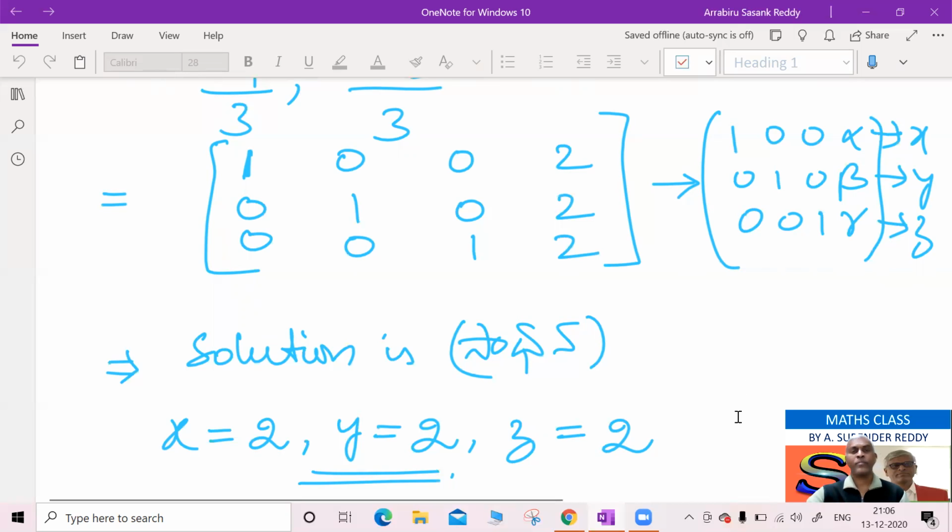To prepare your own notes, follow the chapter from the beginning, from part 1 to part 16, so that it will be easy for you. Those who missed any part, you can get it and watch it.